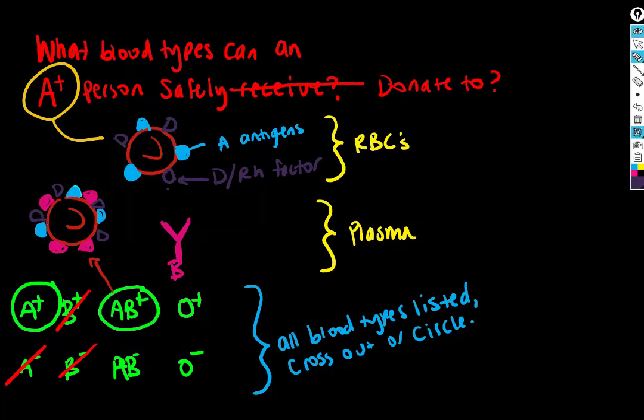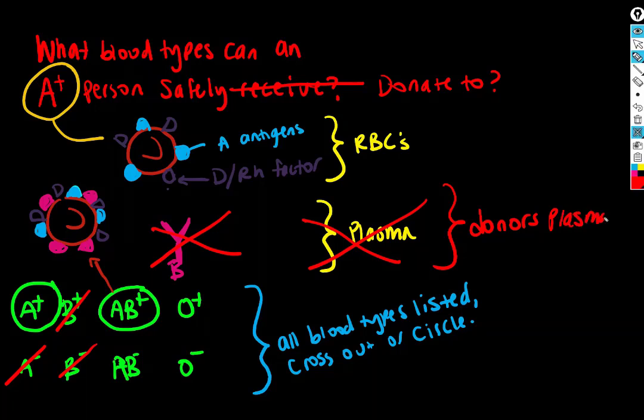So if you have AB positive blood, basically you have all the things on your red blood cells. Now remember, when we think about donations, that means that we are not factoring the donor's plasma into the mix. So we're only thinking about the recipient's plasma.